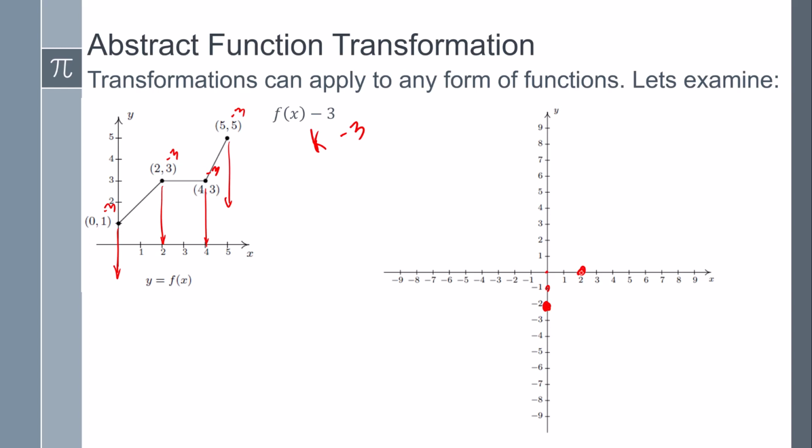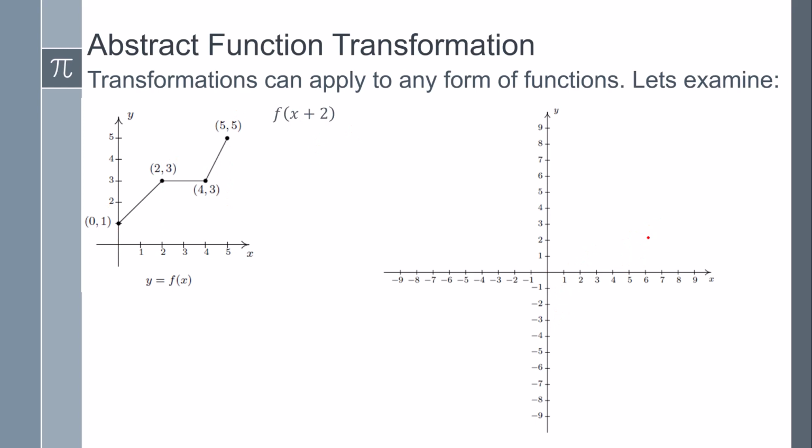Subtract 3 in the y value from 3, 3. And then subtract 3 from 5, 5. And so there's my new graph, and then I can connect. And there's my new function. So my new points would be (0, -2), (2, 0), (4, 0), and (5, 2).